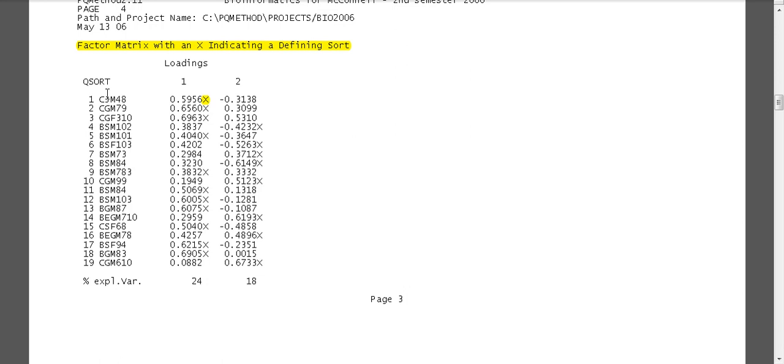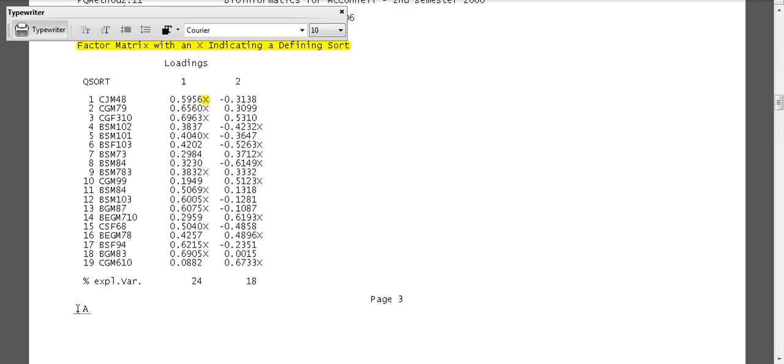Here, although it doesn't symbolize here, each of these names, the sort ID, has some kind of identifier, and I might want to type it in here, right? So here would be my notes.